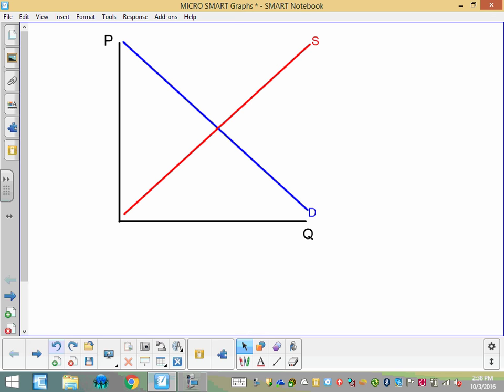Let's say pens are inelastic, okay? So pens are priced inelastic. What happens if I were to, I don't know, let's go ahead and say that the cost of putting ink in a pen has increased. What happens?